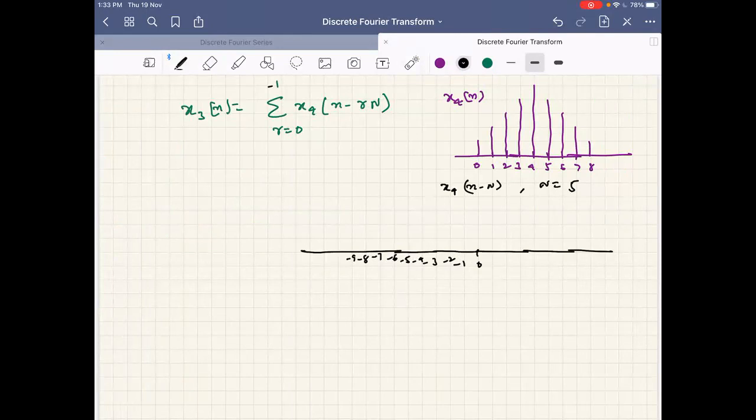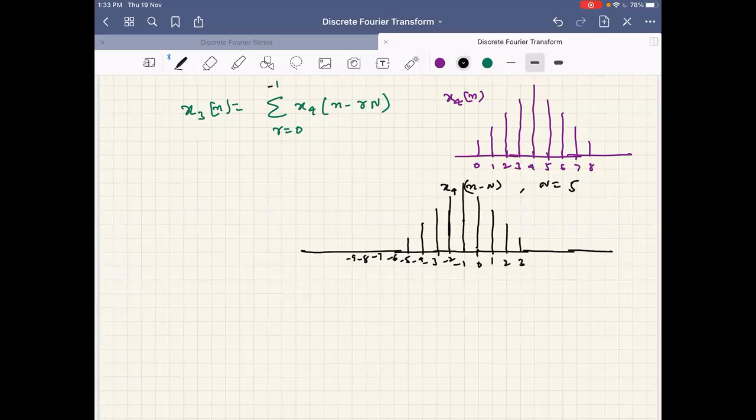Now, where does it start? It should start from minus 5. So the same sequence has to come: 2, 3, 4, and then 5, and then 4 here, 3 here, 2 here, 1 here, then 0, 1, 2, 3.